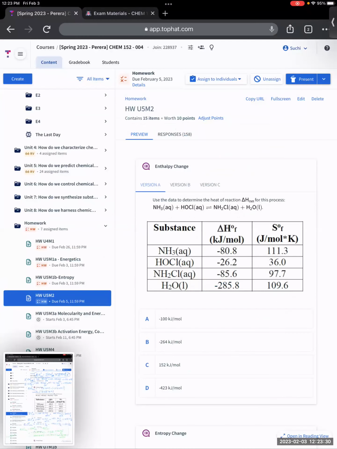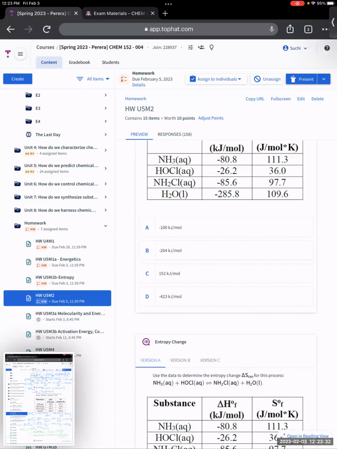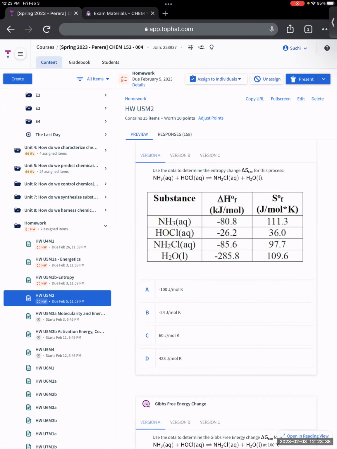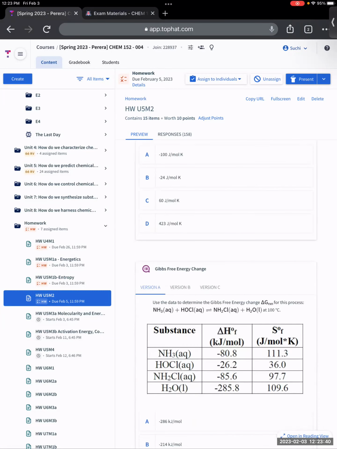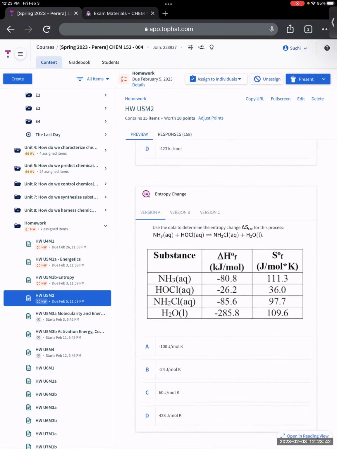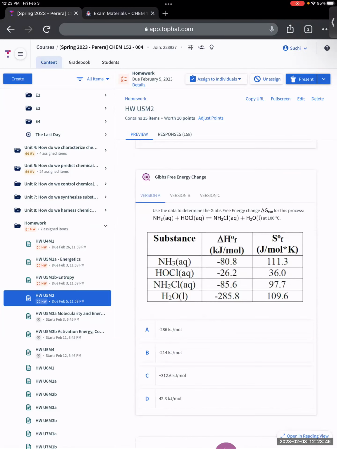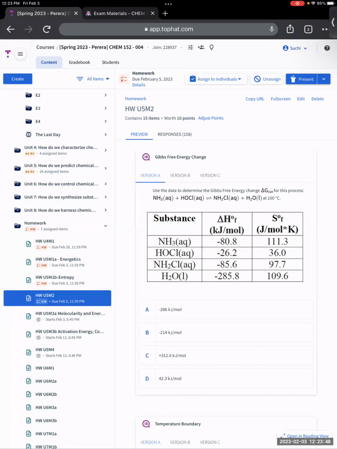Okay, so we did that. Delta H was minus 264, and delta S was 60 joules per Kelvin. That should be per mole, that's incorrect. And then delta G was 286.